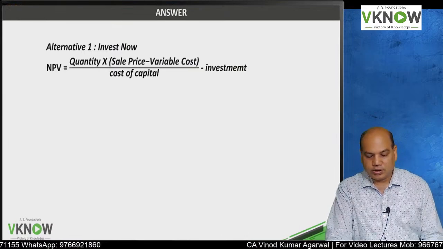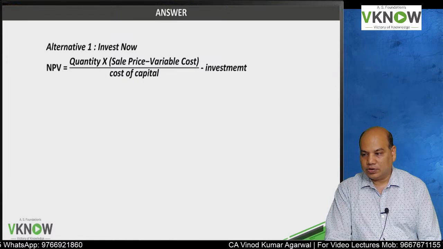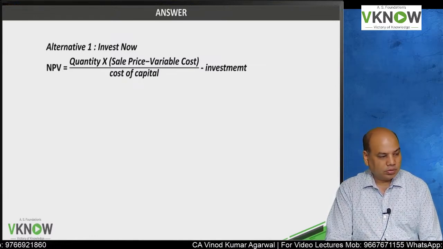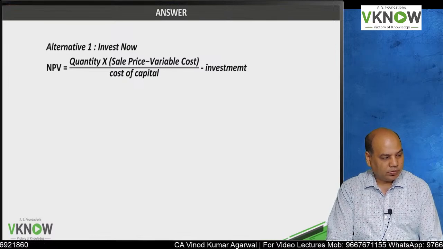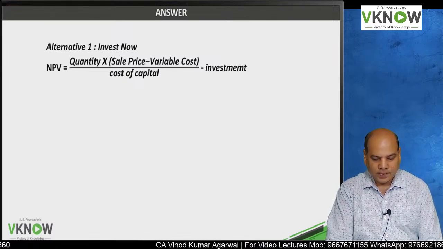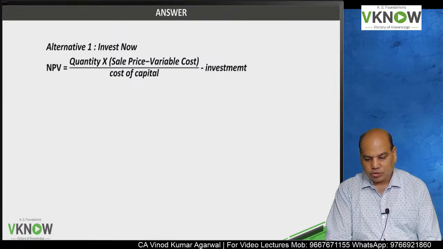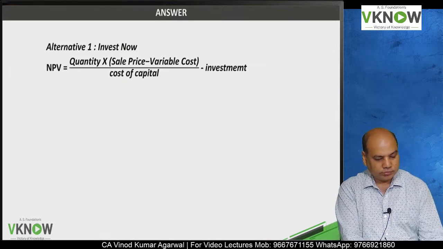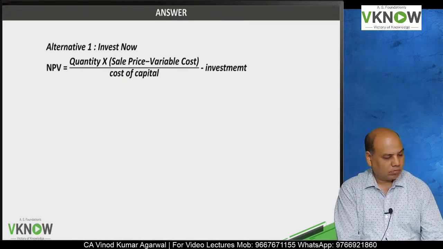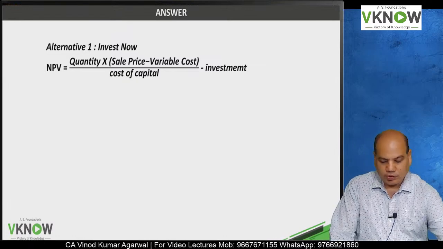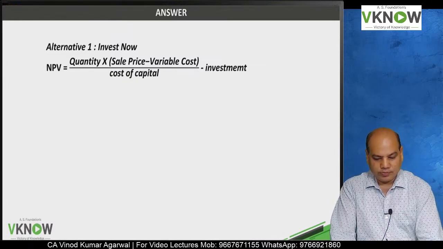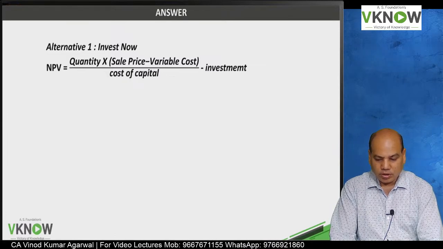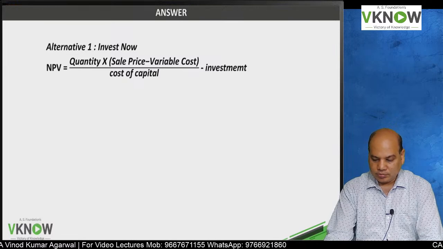Alternative 1, write down invest now. If you invest now, NPV is equal to quantity into sell price minus variable cost, that will give you annual contribution, divide by cost of capital.